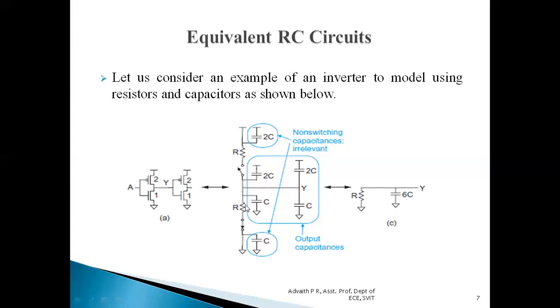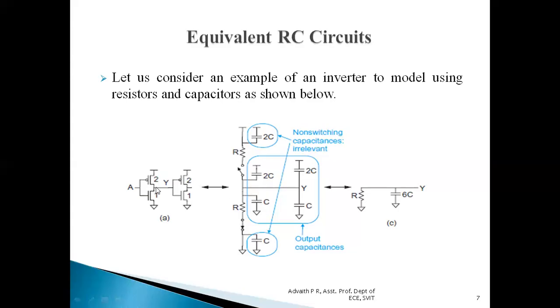Similarly, we have considered an NMOS with its equivalent resistance value, and we have considered two capacitors. One is the drain capacitor, one more is a source capacitor. Because NMOS has unit width, we have just considered C here. And if we observe, the PMOS capacitors are always connected to constant voltage source VDD. NMOS capacitors are always connected to a constant supply, logic 0.